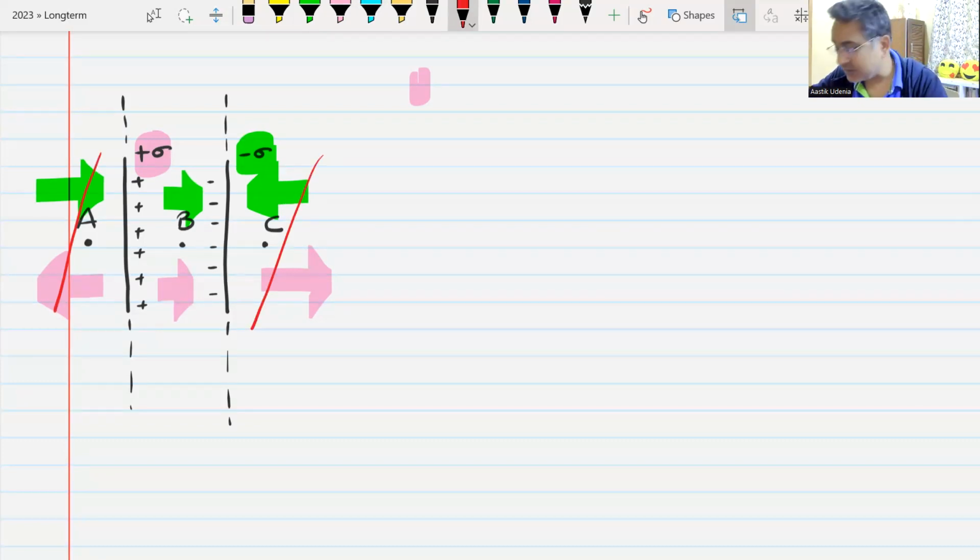Electric field due to the pink charge is sigma by 2 epsilon naught. Electric field due to the green charge is sigma by 2 epsilon naught. So in between, the answer becomes sigma by 2 epsilon naught plus sigma by 2 epsilon naught, which is sigma by epsilon naught.